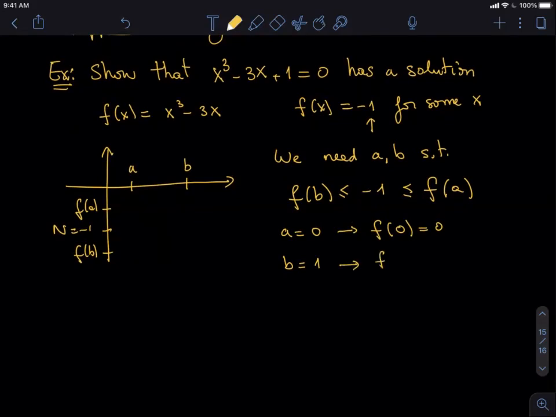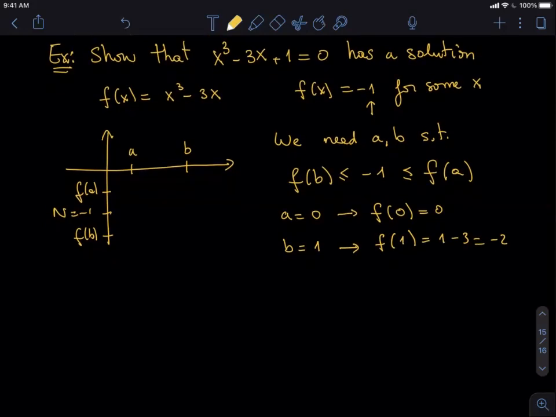As I said, let's try first the easy ones. So f of 1 is 1 minus 3, which is -2, and we were lucky. So we have f of B equal to -2. Okay, so we have -2 less than -1 less than 0. Here we have our f of B, 0 is our f of A, and this is the number N that we had in the statement of the theorem.